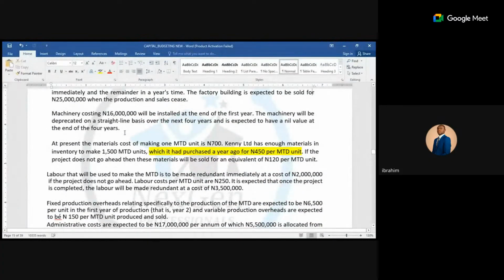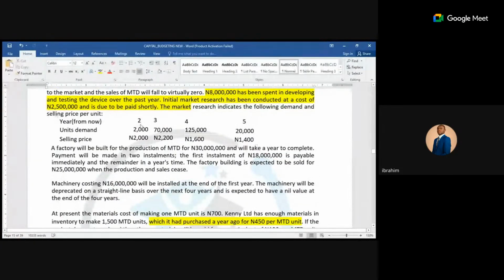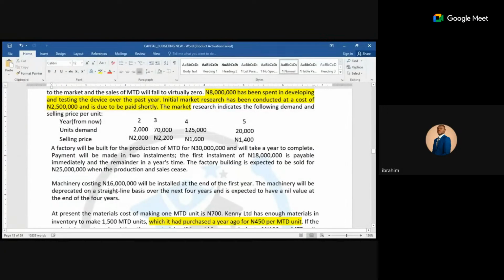What is the first year? Still 6,500 per unit. The first year is year 2. At year 2, 6,500 times 2,000. What do you have? Okay, let me copy the table. We have 13 million.